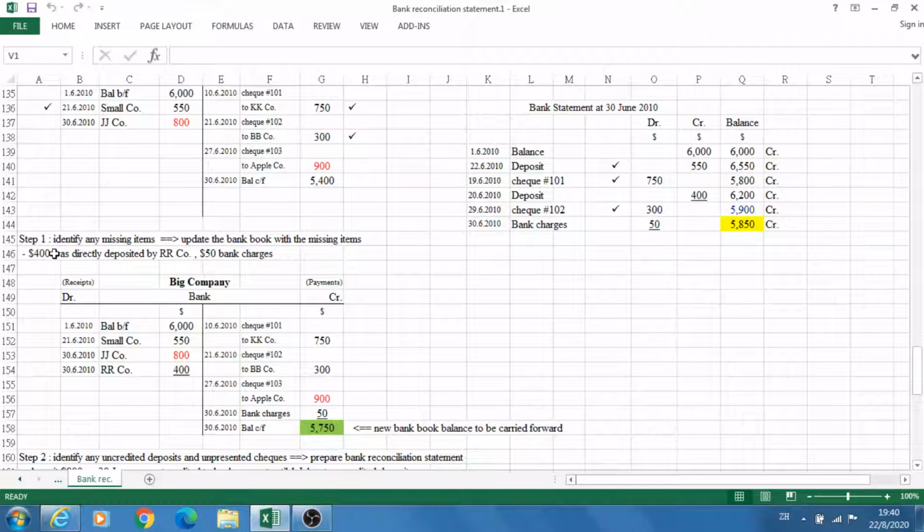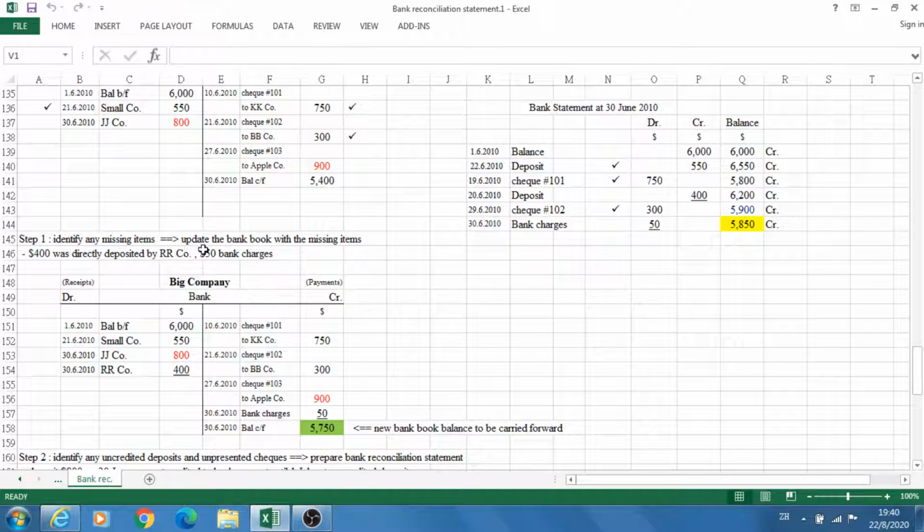Step 1. Identify any missing items. The accountant found out that there were 2 missing items. $400 was directly deposited by our company. $50 bank charges.